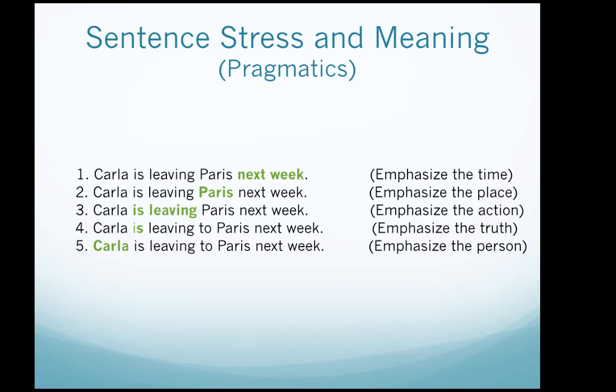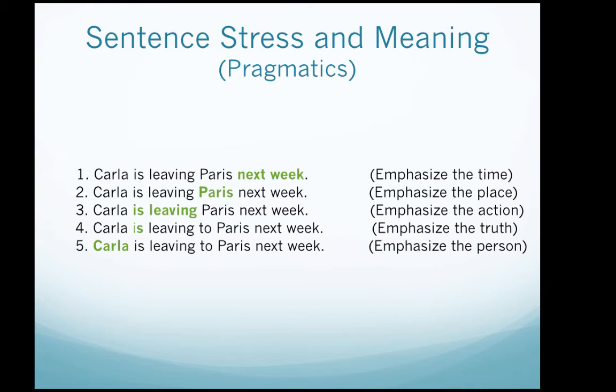All you have to do is to increase the pitch in the intonation. In this case, sentence stress also can be used to emphasize different messages. For example, Carla is leaving Paris next week. In that sense, you're emphasizing the time. Number 5, for example, Carla is leaving to Paris next week. You are emphasizing the person.